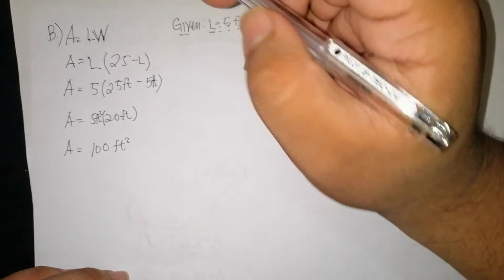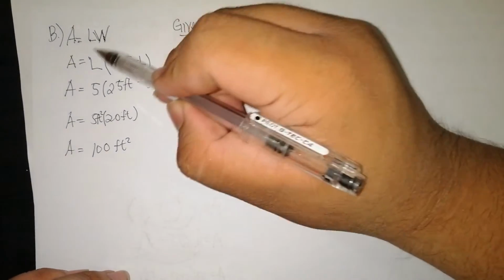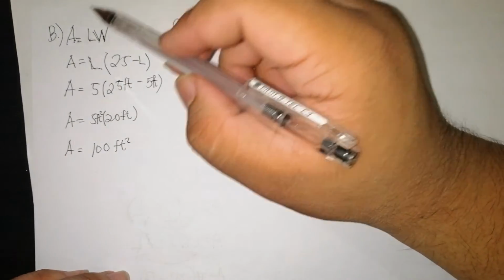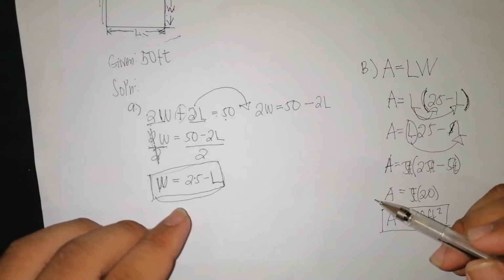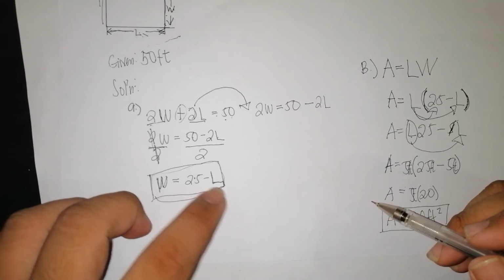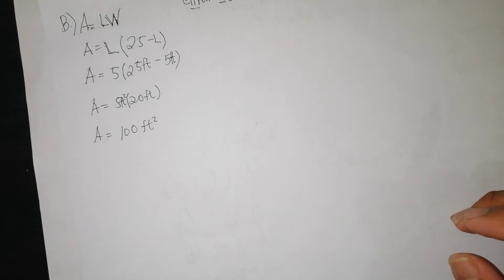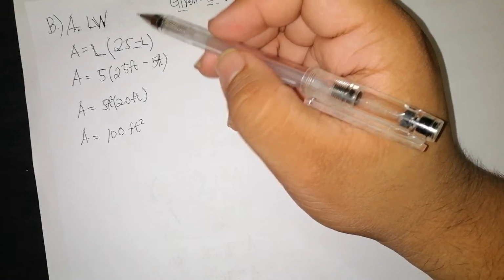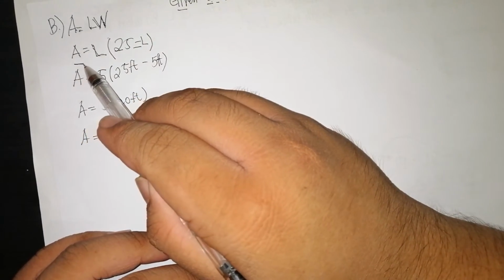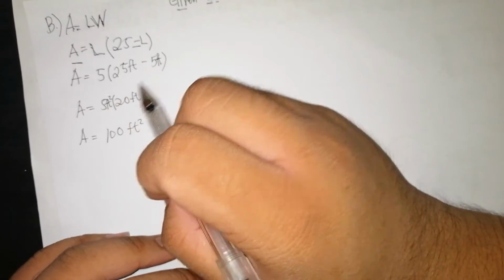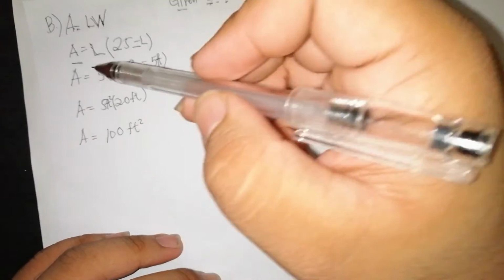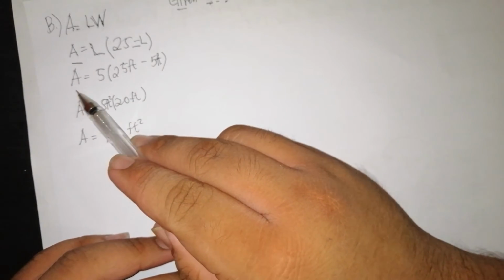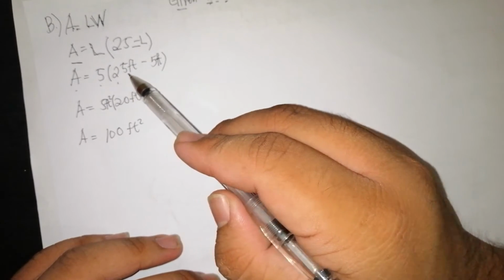So what I did next is L times, I substitute the equation I got in letter A, which is 25 minus L, for the width. So there you go. Then I substitute 5 feet for L. So we have 5 times 25 minus 5.